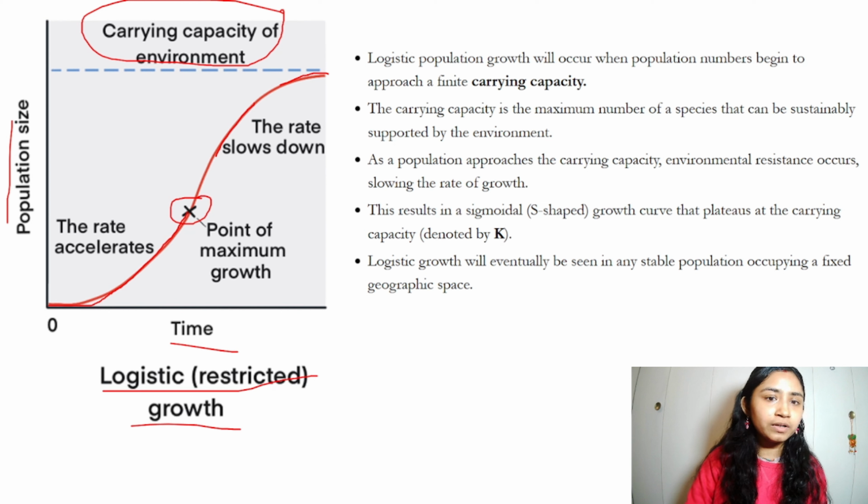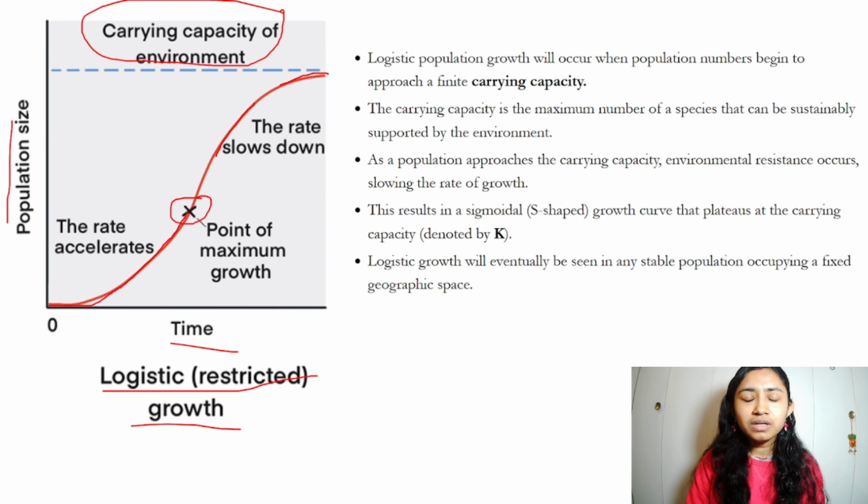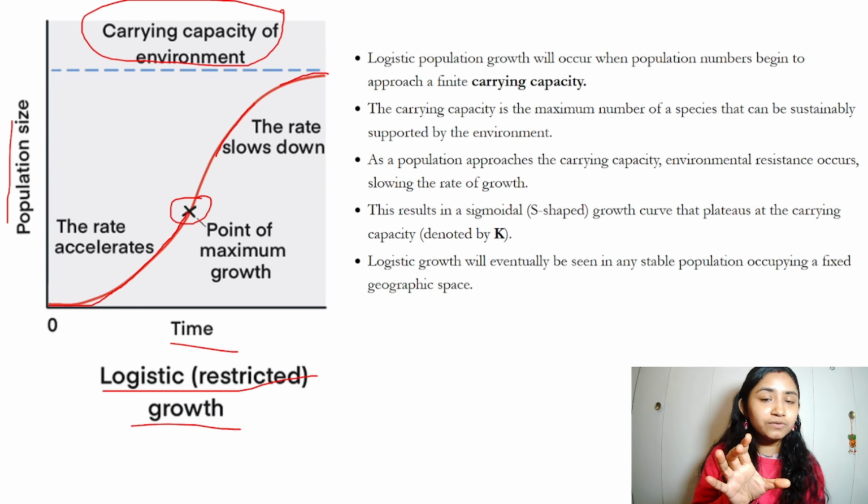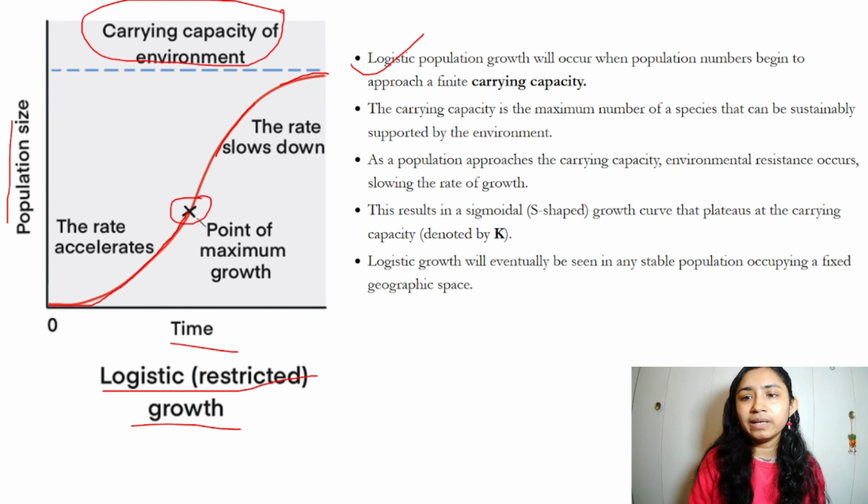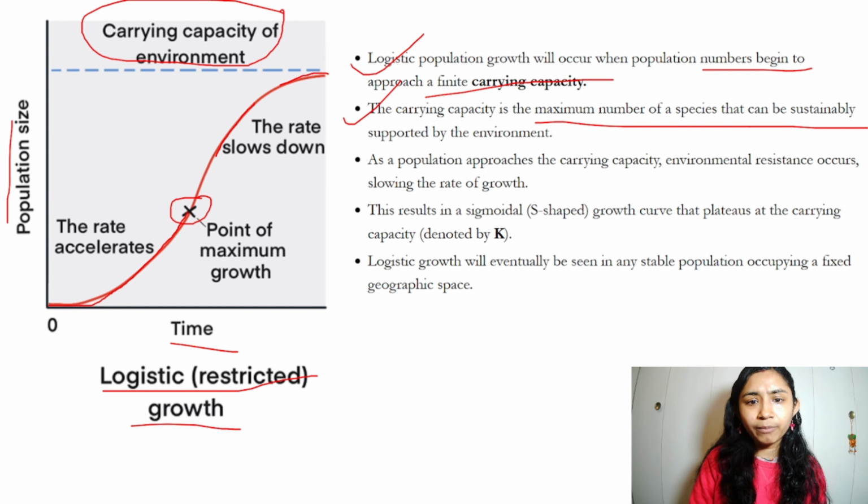So I have food for 1000 individuals, so 1000 individuals are attained. Now, if any more individuals come in, there will be no growth, because only that much food was available. So logistic population growth will occur when population numbers begin to approach a finite carrying capacity. The carrying capacity is the maximum number of individuals that can be sustainably supported by the environment.